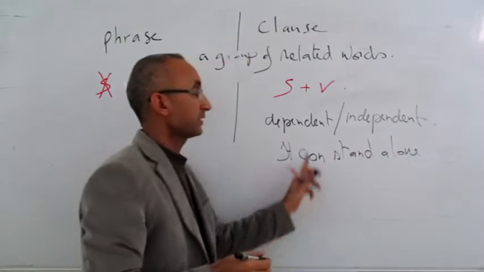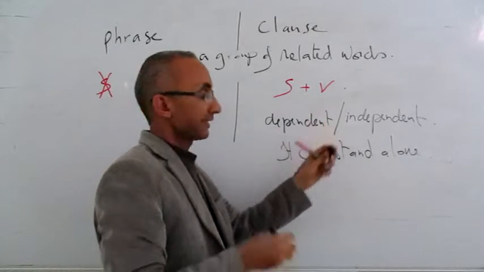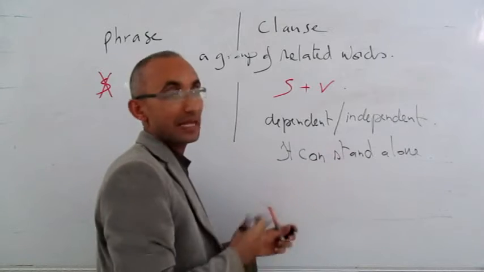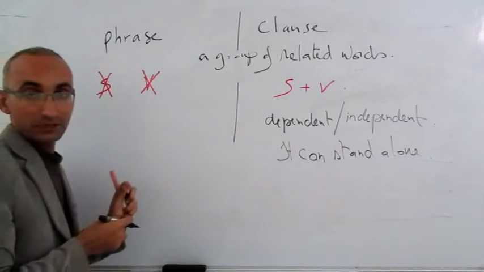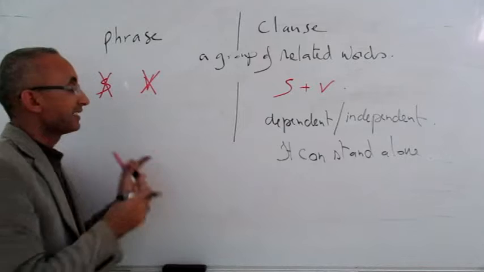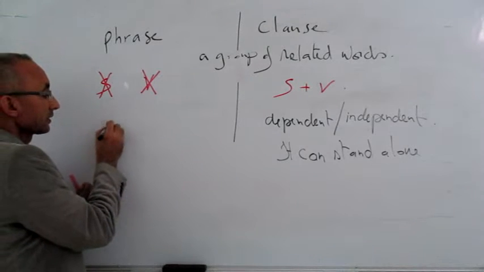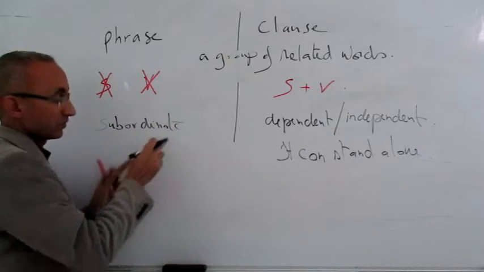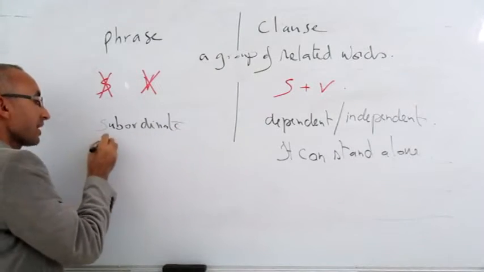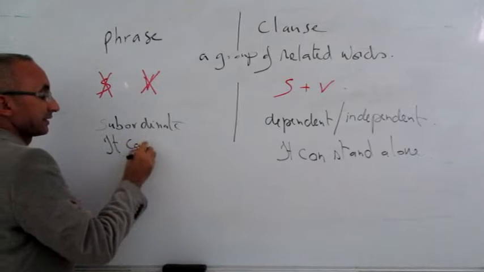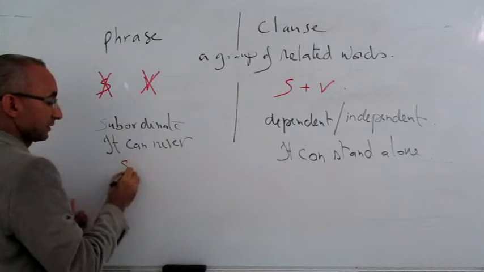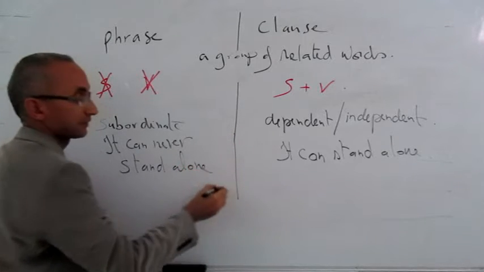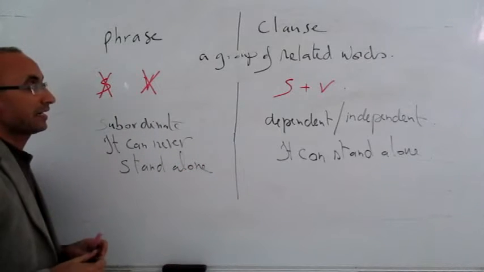The clause with its S and V, subject and verb, can sometimes be a separate and complete and meaningful sentence. However, the phrase as a group of words is always subordinate. Clear? To the rest of the sentence. That's why it can never stand alone. It can never stand alone.